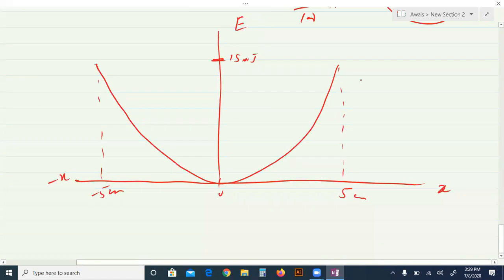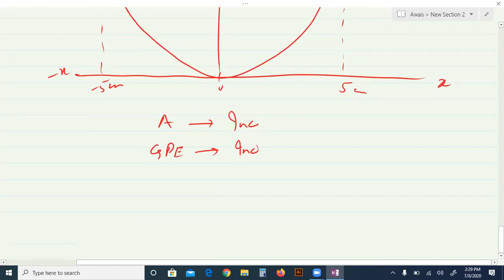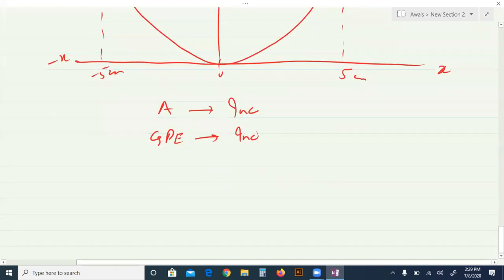This is potential energy, gravitational potential energy graph. Now, when amplitude increases, potential energy due to the height also increases. So here, instead of the lost energy, we will use here the remaining energy.